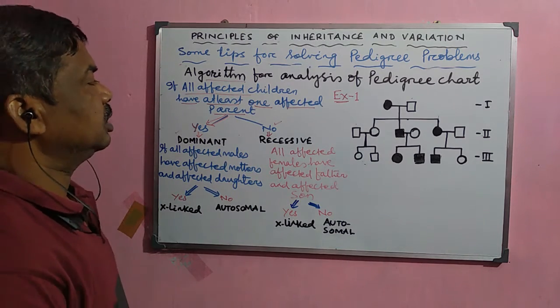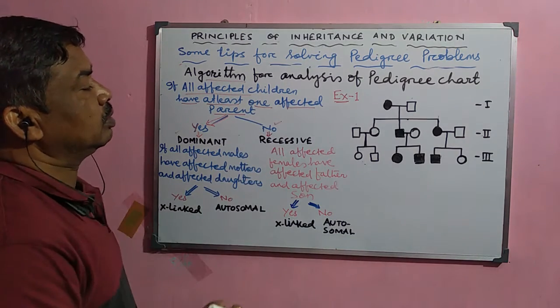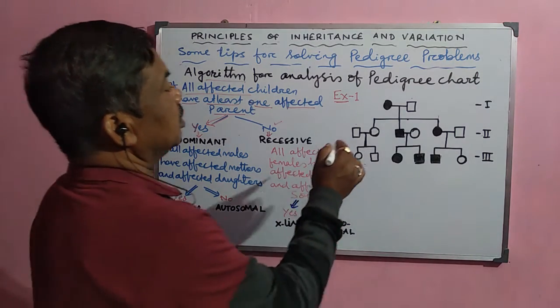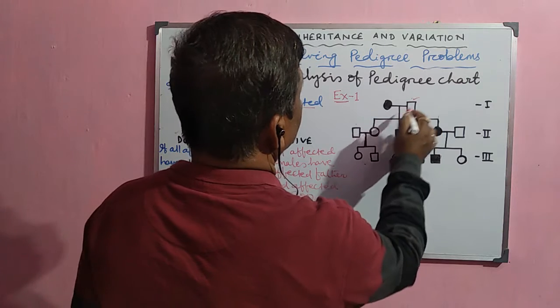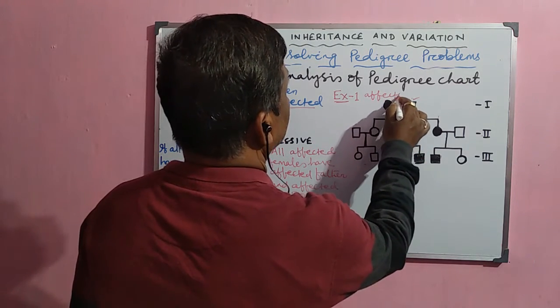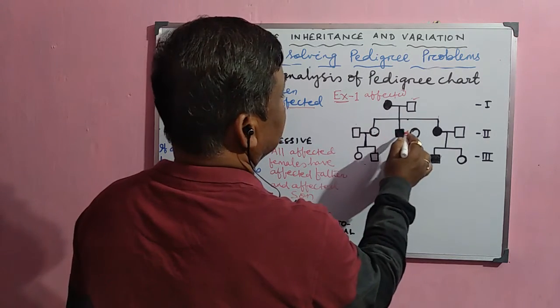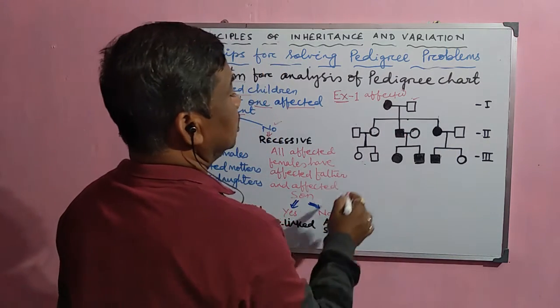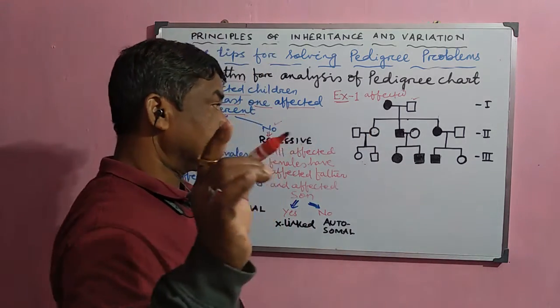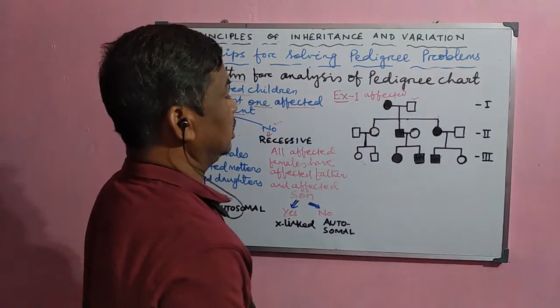Now, on this basis, we can solve the first problem here. Suppose the male is normal and the female is affected. This is the affected female, and children 1, 2 and 3 are there. The first one is a normal female, this is an affected male, and this is an affected female.